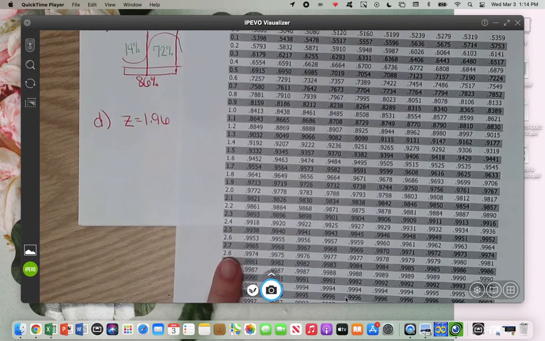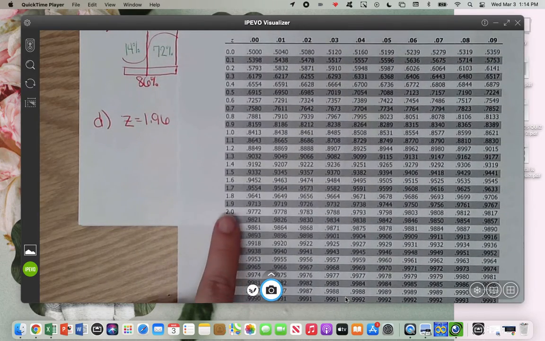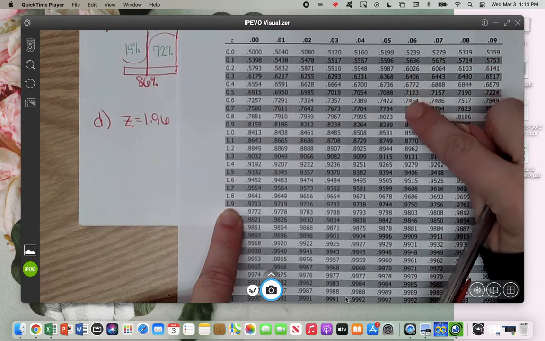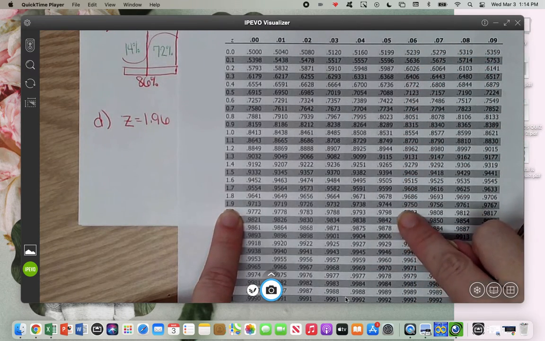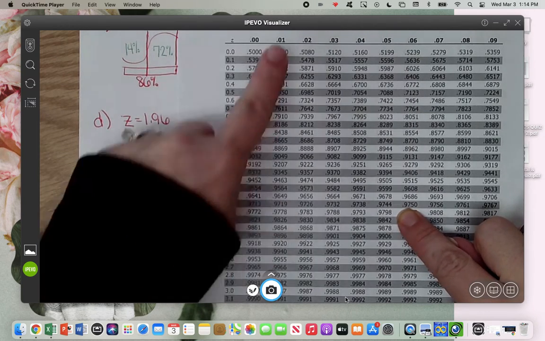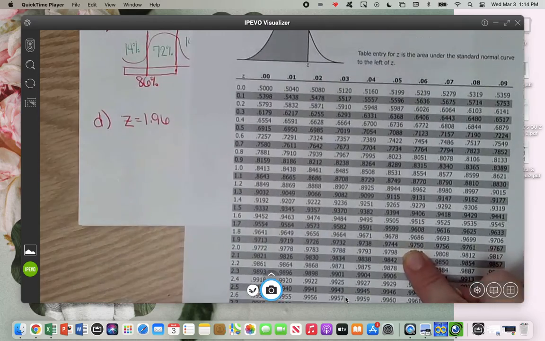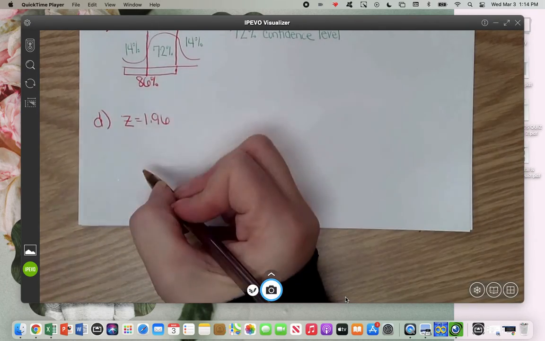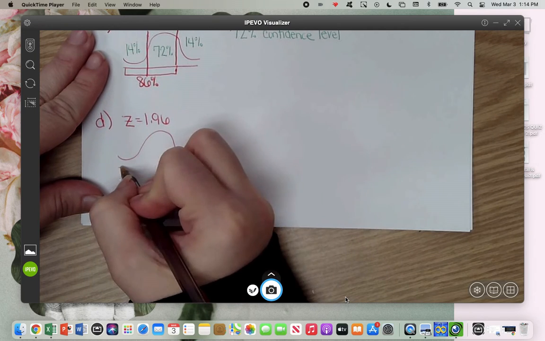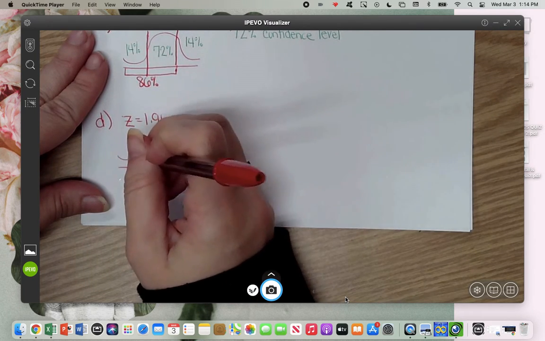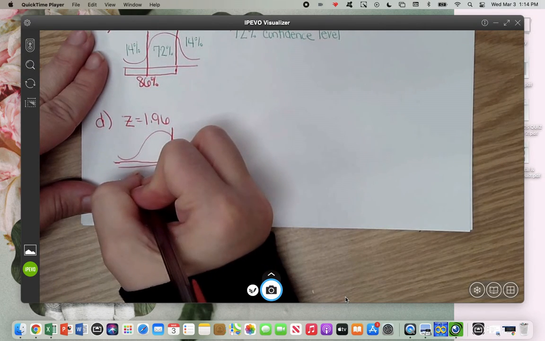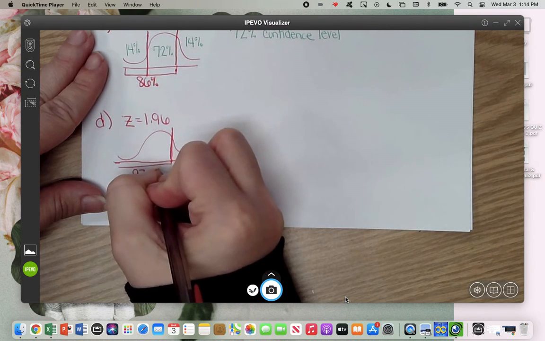So we did this the other way, but if you go to 1.9 over to 6, 1.96, that tells you 97.5%, and that includes the left tail. So that means the entire left tail and everything is 97.5%.